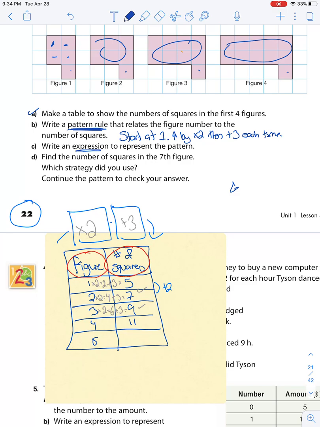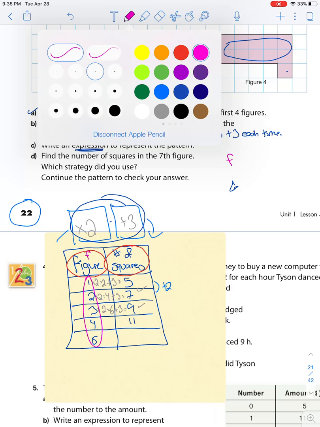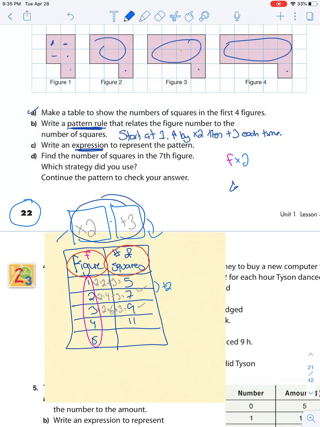Now they want the expression. Okay, so this is where we again have to use what we know here. So I know that my variable, I'm going to call my variable f for figure. So I have f for figure, which is these figure numbers. What have I done? I have timesed it by 2, and then I've added 3.